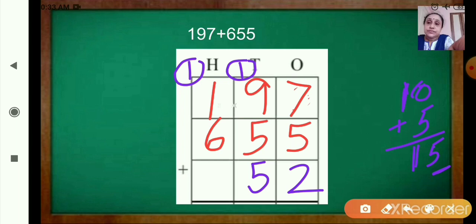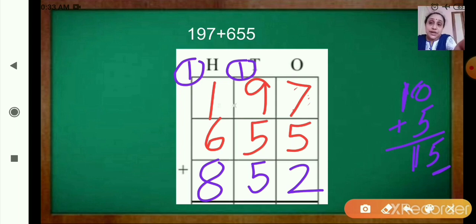Okay. Now again what will we do? 1 plus 1, 2, and 2 plus 6, 8. So you remembered to carry the numbers to the next place. So your answer is correct.